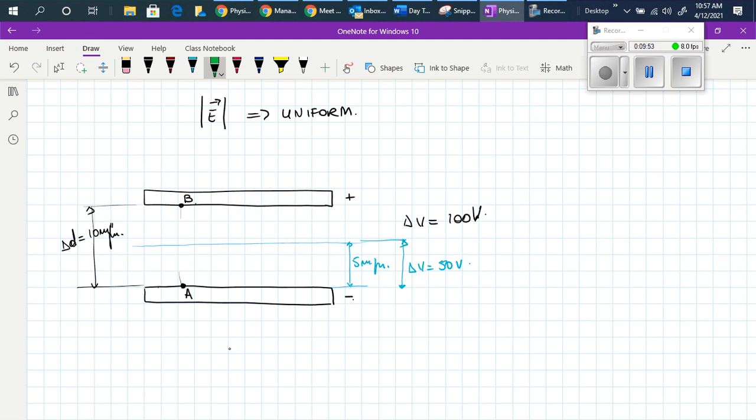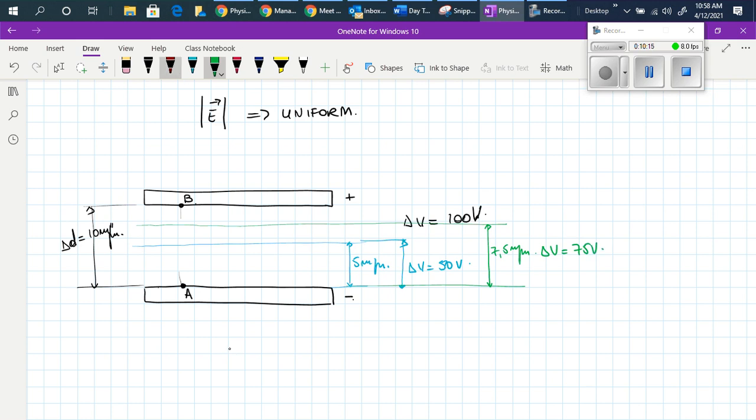And when we have a distance that is, let's say, 7.5 millimeters, then the change of voltage is 75 volts.